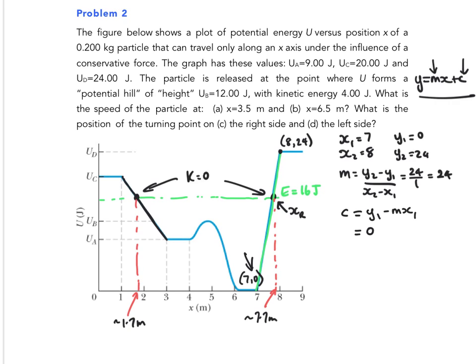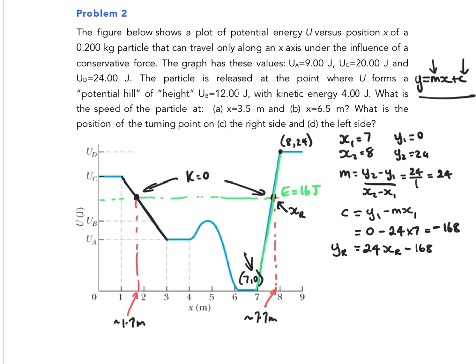So that's going to be 0 minus 24, which we calculated, times 7, which is minus 168. That's our y-intercept. So now we have an equation for the line. We can write y on the right, the y position, is equal to the gradient, 24, times xr, minus 168.